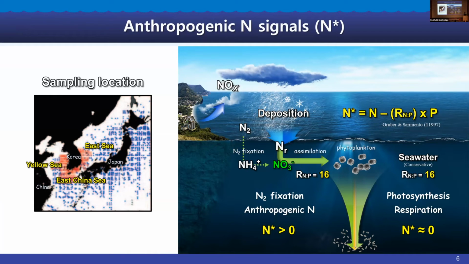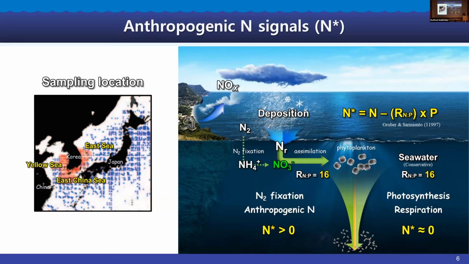We used historical data collected from the early 1980s up to very recent years, probably more than 200,000 data points. It covers almost everywhere except the northern part of the East Sea. Probably none of us can access the Russian territory, and even Russians cannot collect any data from North Korea.